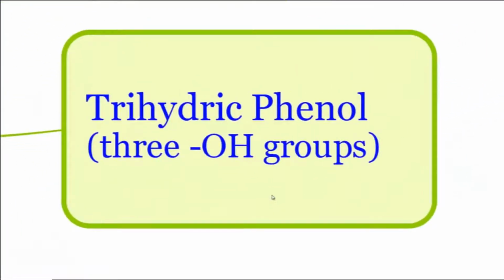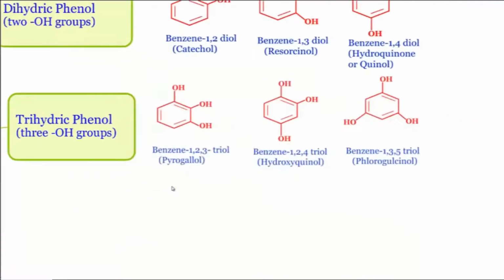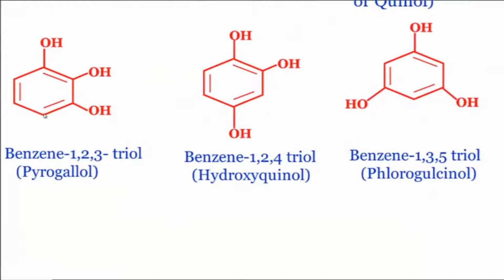Now let's look into few examples of trihydric phenol wherein they are made up of 3 OH groups in their molecule. Now in the structure we find benzene ring is attached with 3 OH groups with respect to the first carbon atom, second carbon atom and the third carbon atom. Therefore we can call this as benzene 1,2,3 triol, or popularly it is called pyrogalol.